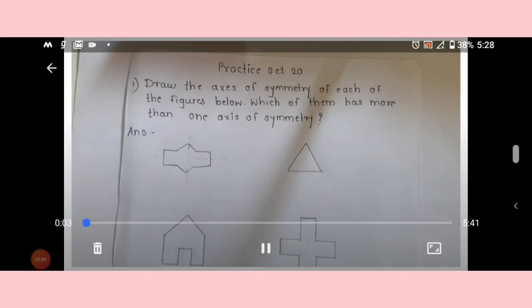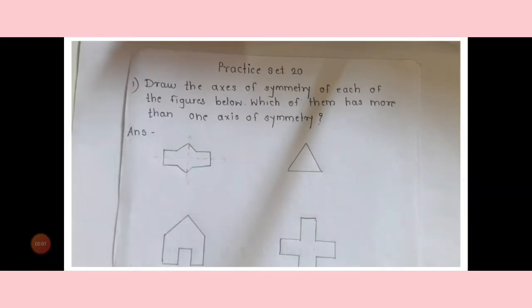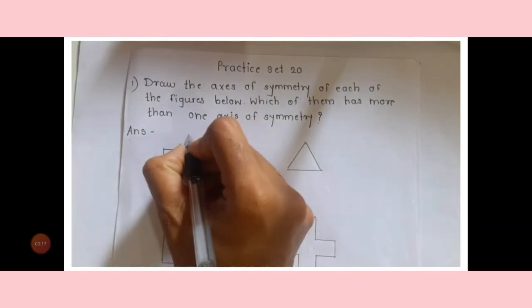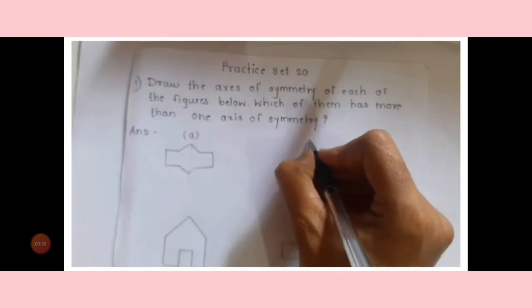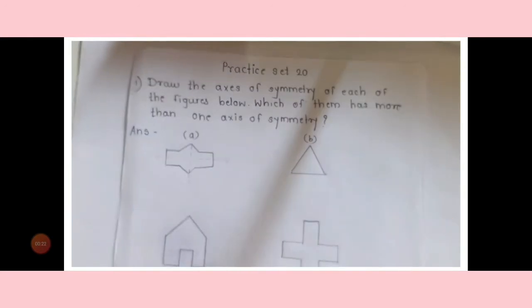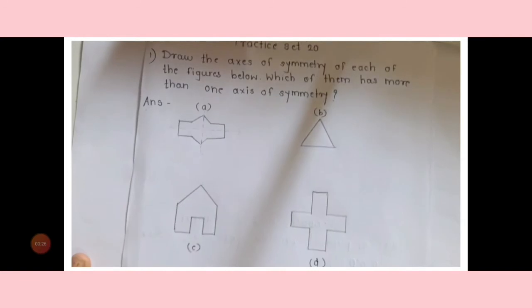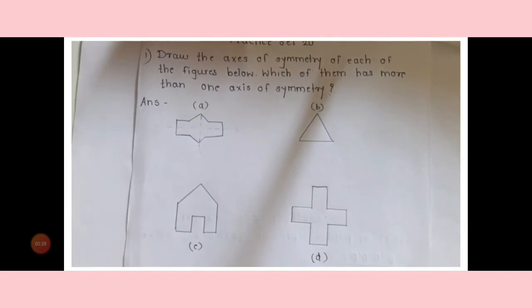Practice set 20. What have they given in the first question? Draw the axis of symmetry of each of the figures below. Which of them has more than one axis of symmetry? Here they have given four figures: A, B, C and D. What we have to do? We have to find the axis of symmetry.